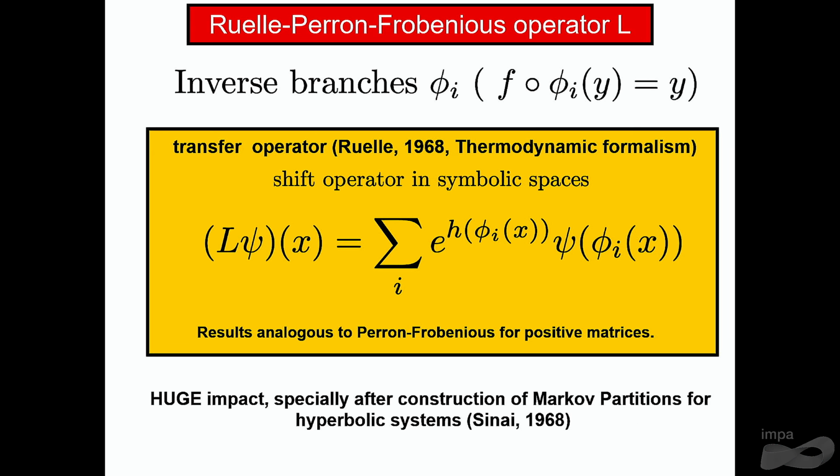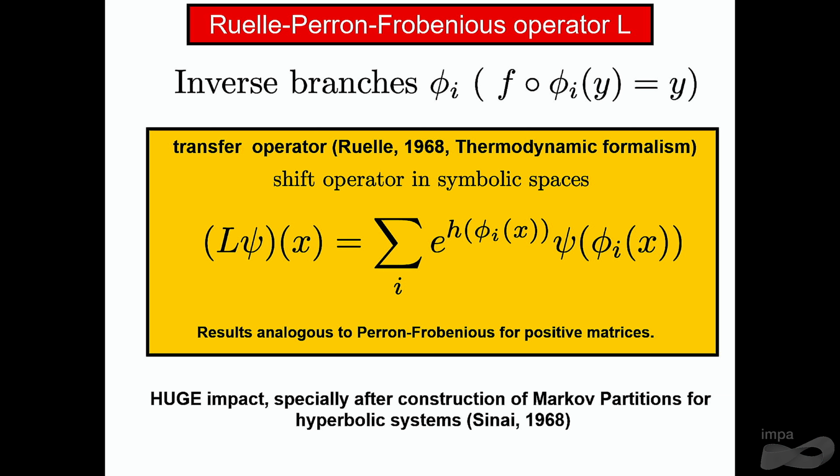It turns out that this is true. So the breakthrough was done by Ruelle in 68, where he developed what we call the thermodynamic formalism for the transfer operator for the shift operator. And at the same year, actually, Sinai proved that you can build Markov partitions for a lot of hyperbolic dynamical systems.